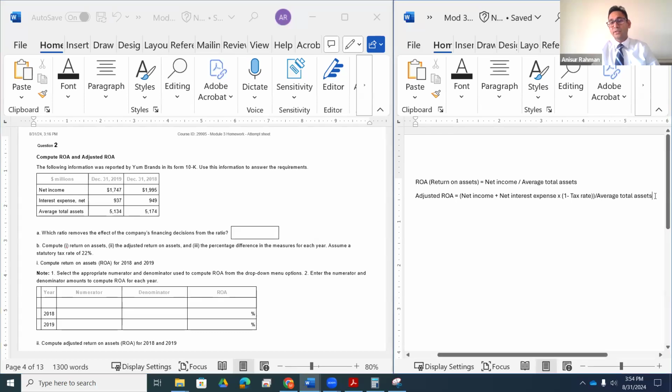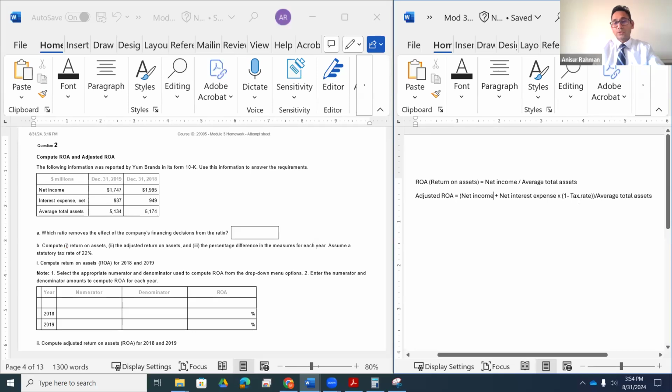So what we see here, in case of return on assets, when we calculate net income, we subtract interest expense, which is not an operating decision. It is a financing decision. In case of adjusted return on assets, we add back the net interest expense after taxes.